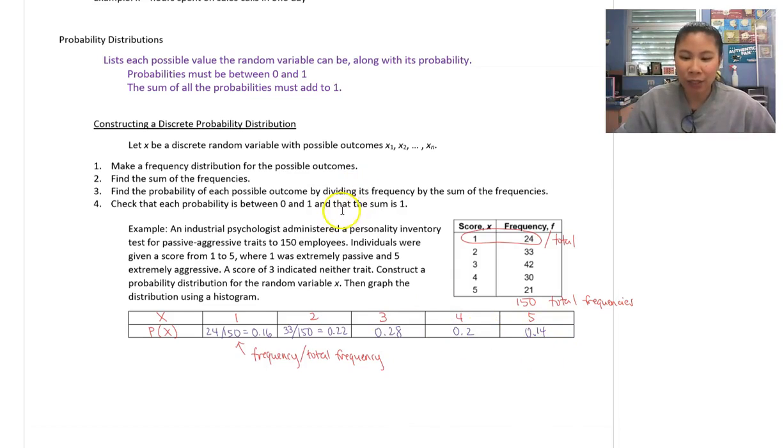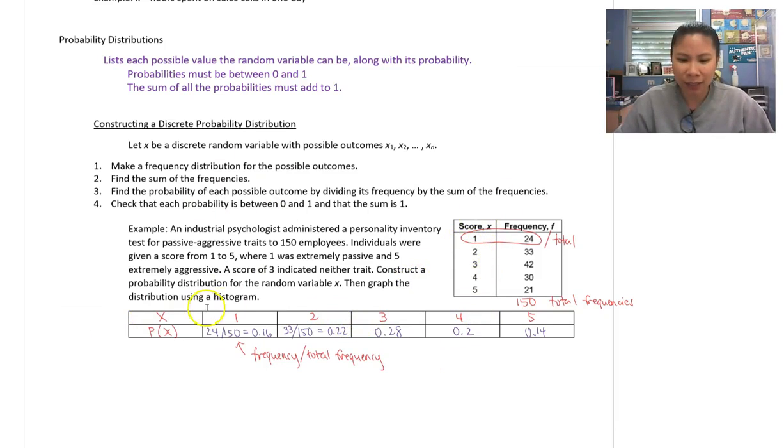Next, we need to check that the sum is 1. When I add 0.16 with 0.22 and 0.28 and 0.2 and 0.14, it should add up to 1. It does. So this table right here is the probability distribution of this random variable, where this random variable stood for the score on this passive-aggressive test.